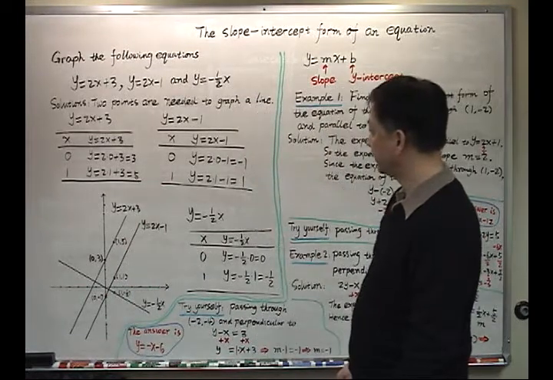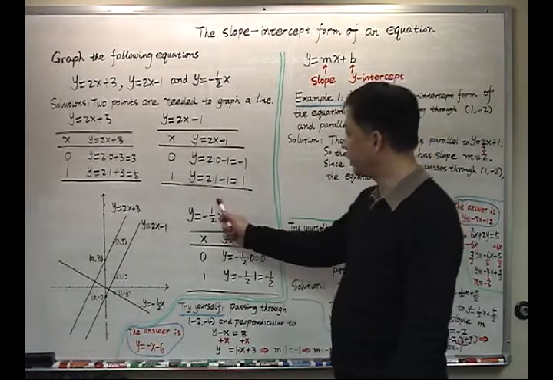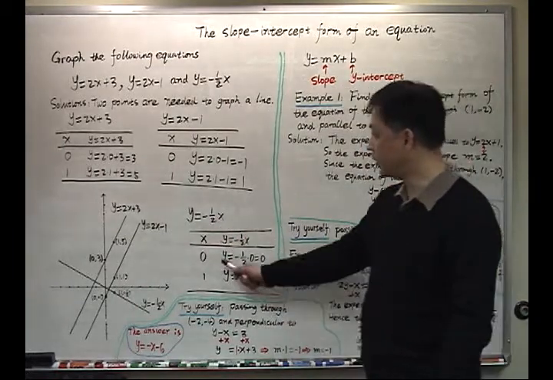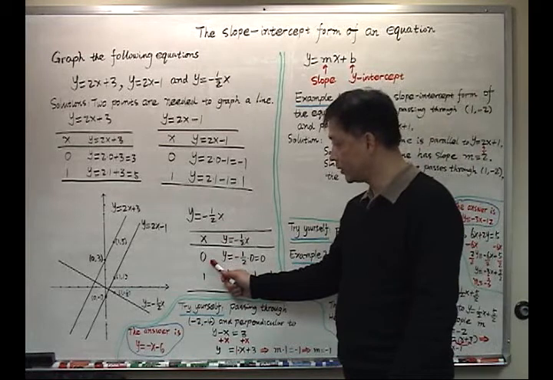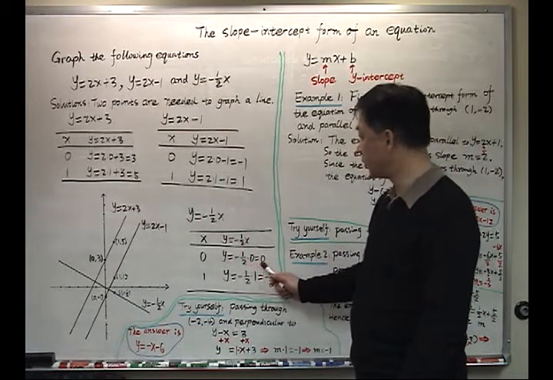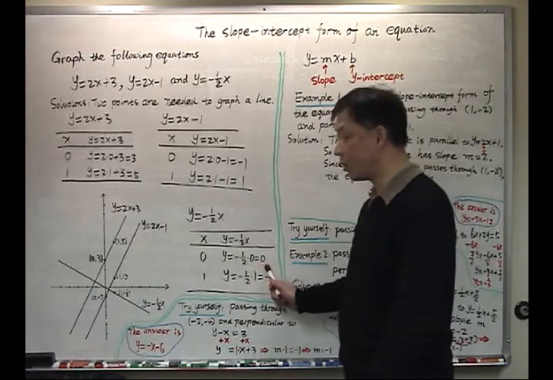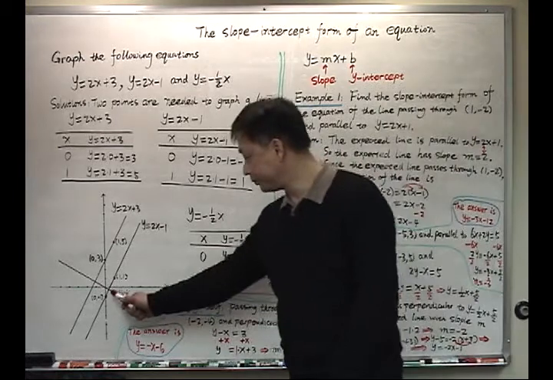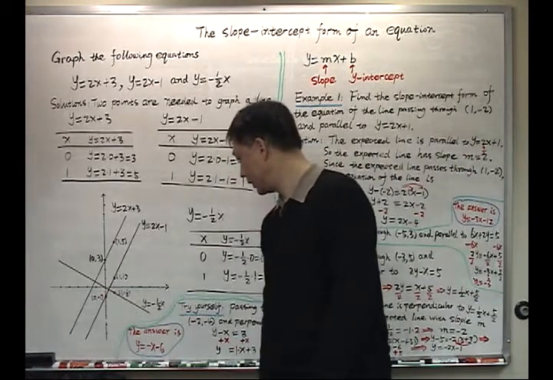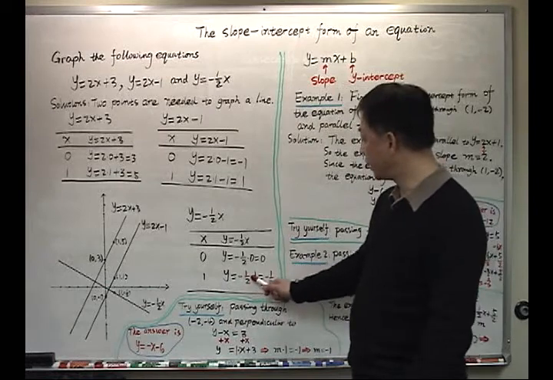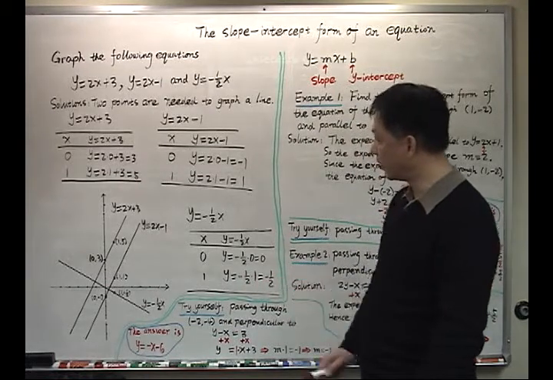All right. Now let's look at this one. You let x be 0. Then -1/2 times 0, you have a 0. So (0, 0) is the point, the origin. You let x be 1, then -1/2 times 1 is -1/2.